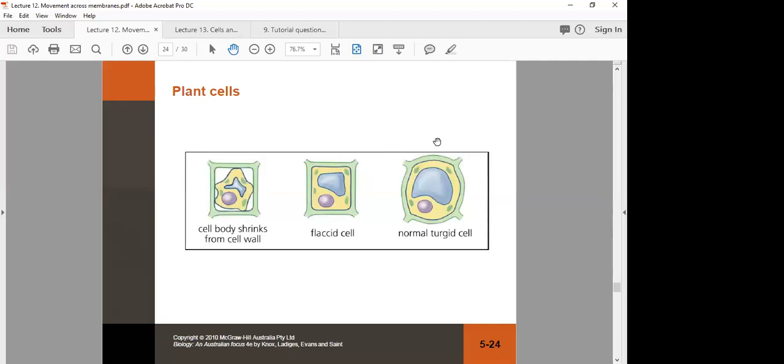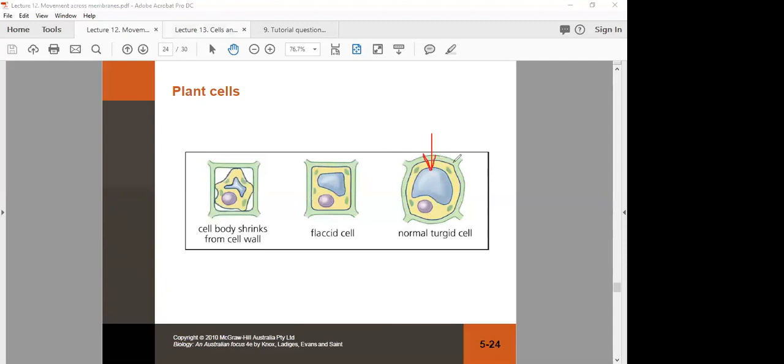A plant cell that's surrounded by a hypoosmotic solution will result in the inward movement of water into the cell, and of course the cell will start to swell just like an animal cell does, but it will not burst because the cell wall also expands by about 10%, and then it resists any further inflow of water.